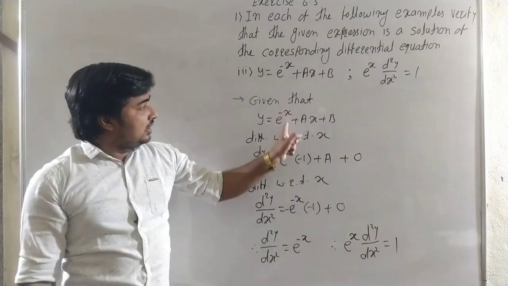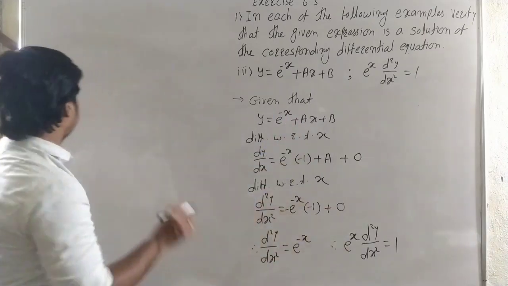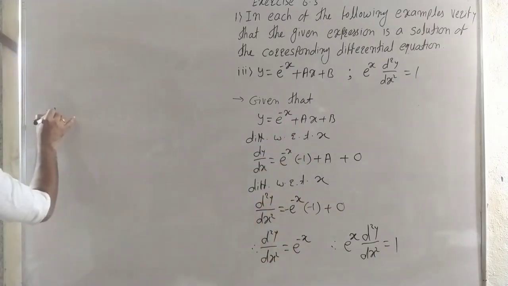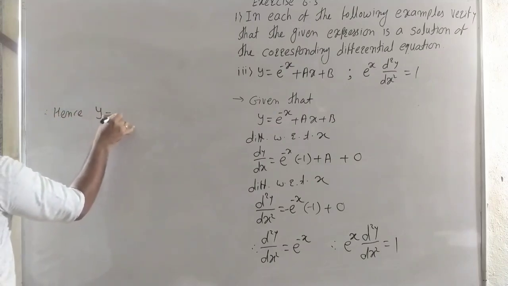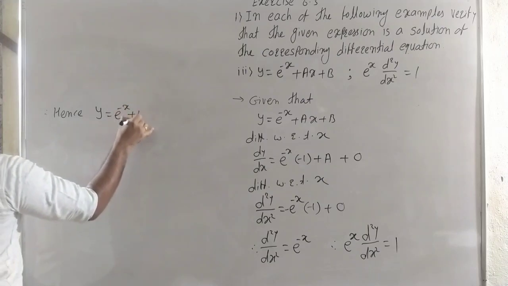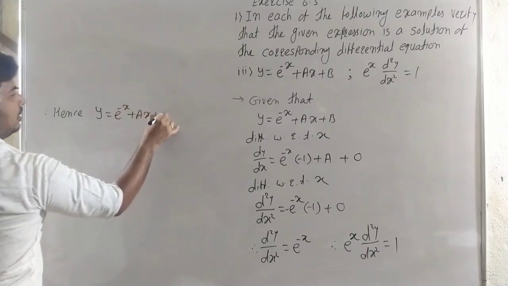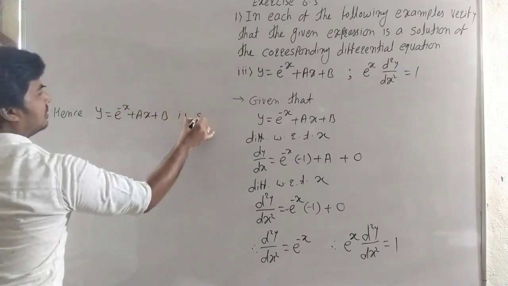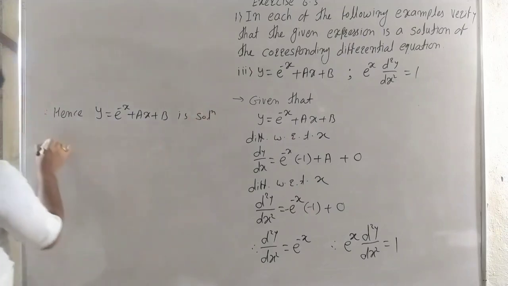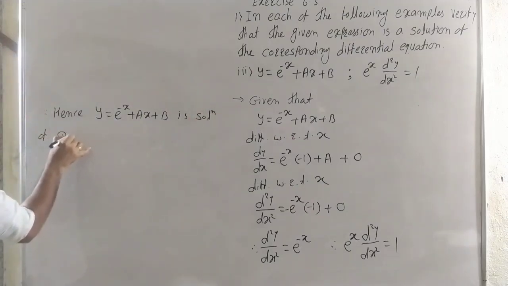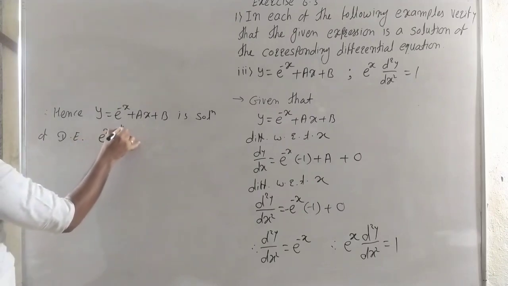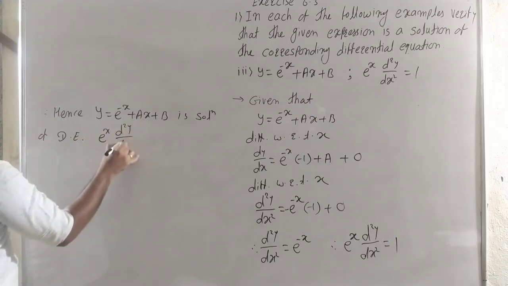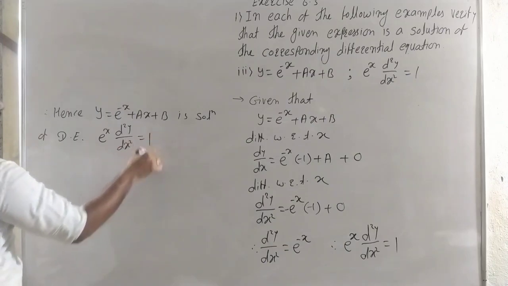So e to the power x d2y by dx2 is equal to 1. That means it is the solution of this differential equation. Last answer. Hence y is equal to e to the power minus x plus ax plus b is the solution of differential equation e to the power x d2y by dx2 is equal to 1.